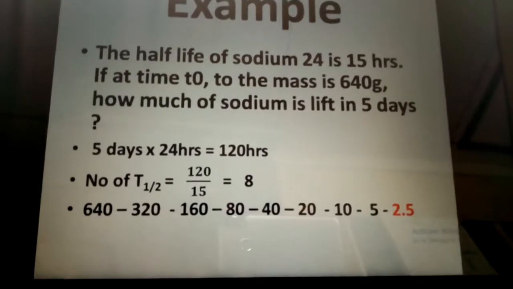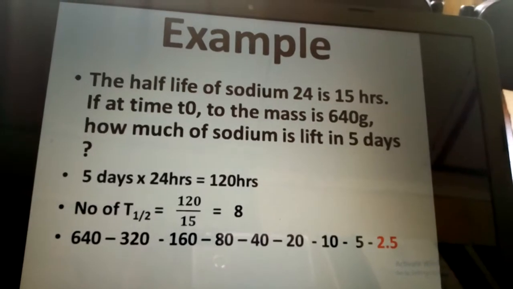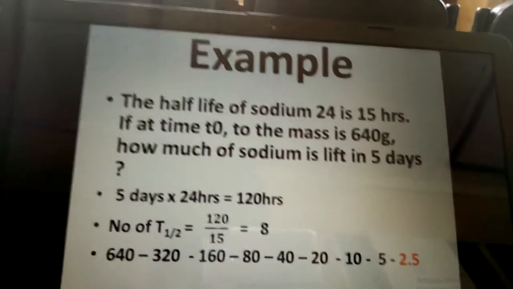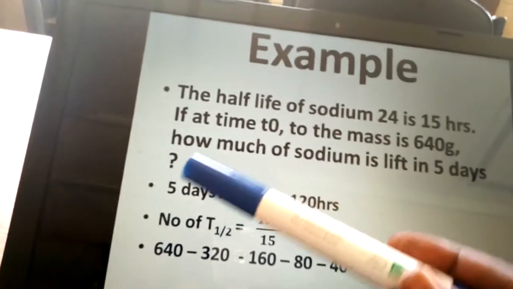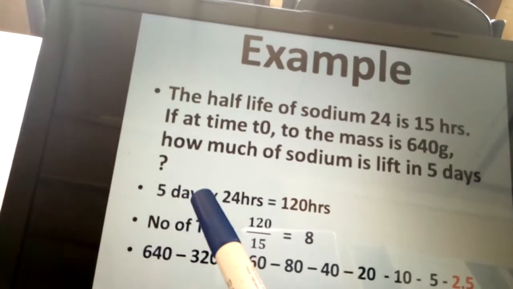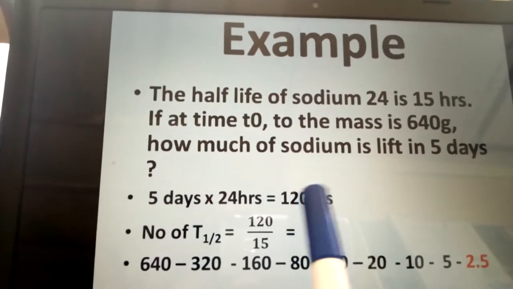So look, how much will remain in 5 days? Let us see step 1. What we are saying, 5 days. These 5 days we multiply by 24 hours to get the total number of hours.